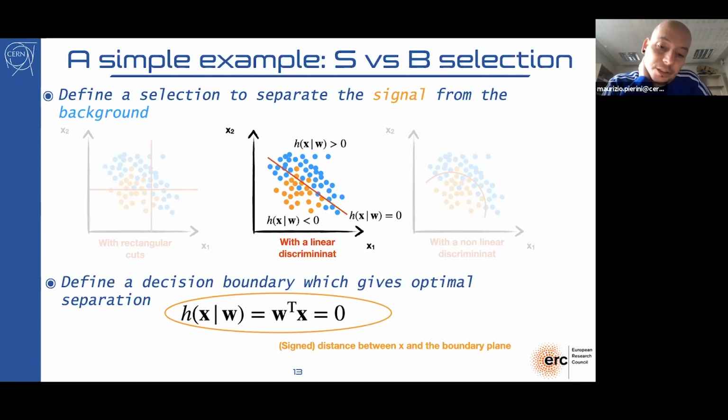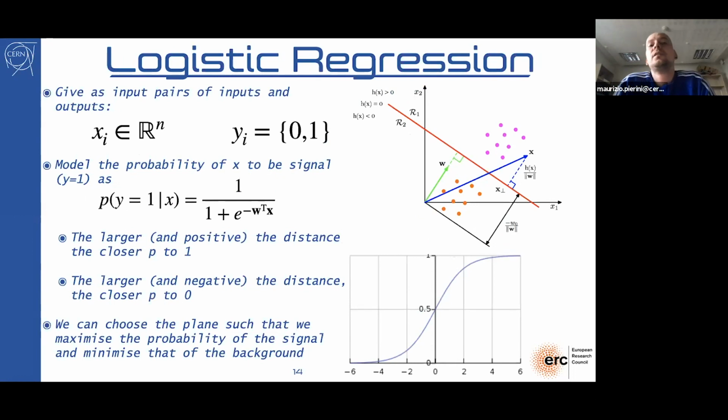So in the case of the linear discriminant, for instance, you want to identify the boundary plane that maximizes the separation between the two populations. And you can do it in a very simple example, which is the logistic regression, which is an interesting example because it gives you a little bit of the philosophy of the problem we're trying to solve. So you have your n-dimensional input, and you want an output, which is basically 0 or 1.